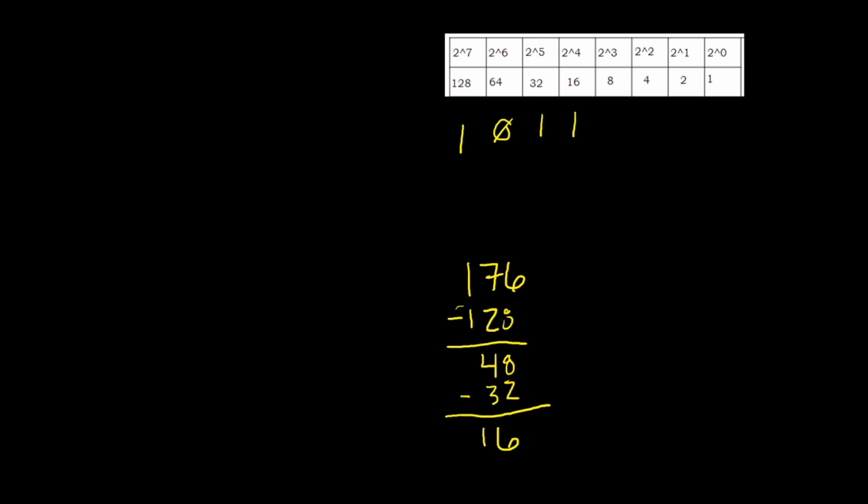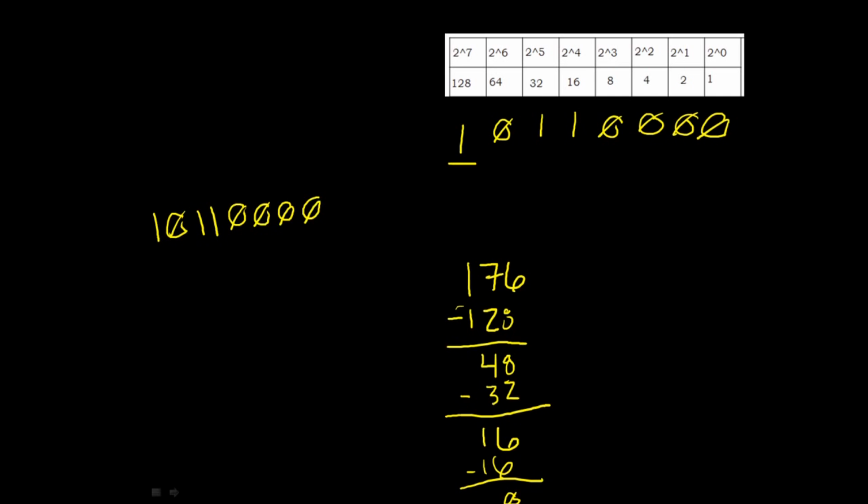Now we know 16, of course, goes into 16. This leaves us with nothing, and because we have nothing left, all of these are going to be zeros. Now, because this has a leading 1, we have nothing to ignore. So you must write out the number as 1, 0, 1, 1, 0, 0, 0, 0. Trailing zeros are never ignored. Only leading zeros are ignored.